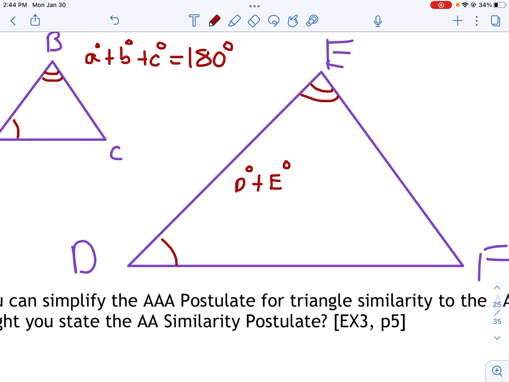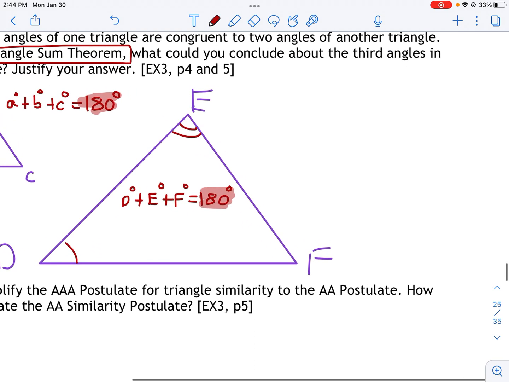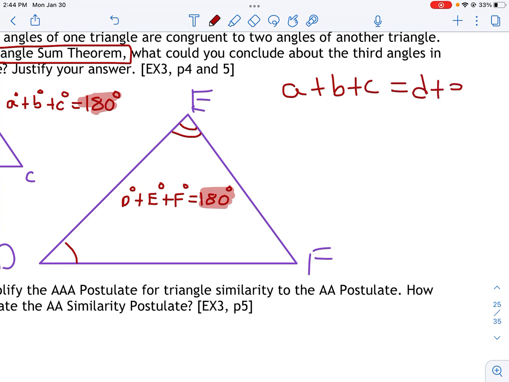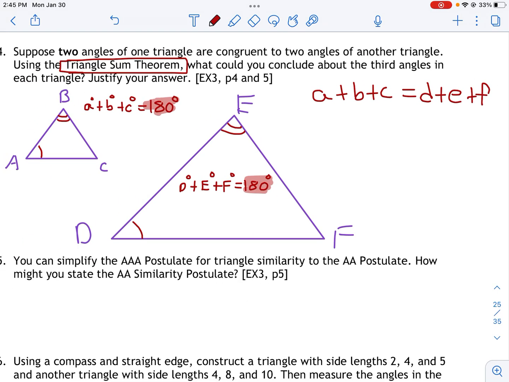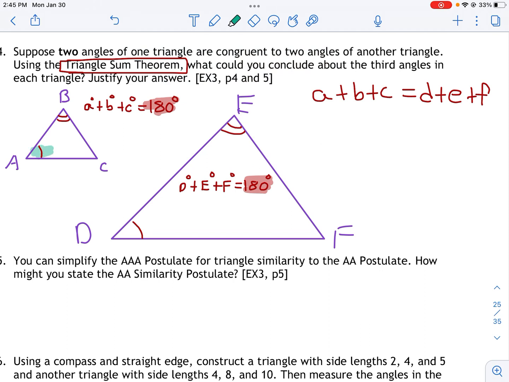If I took angle D and added on angle E and added on angle F, I should get 180 degrees. Now, both of these things equal 180 degrees. So what can I do? I can set these things equal to each other. So I can say A plus B plus C is equal to D plus E plus F. All I do is take my two equations and put them equal to each other.